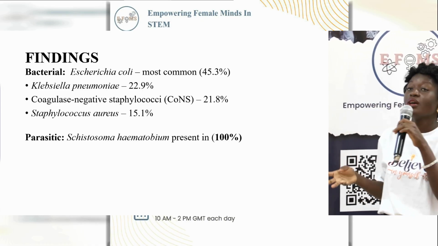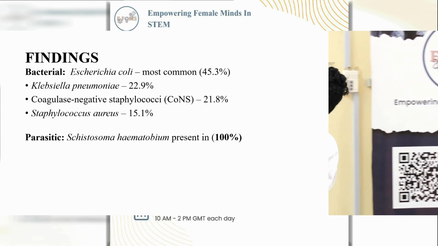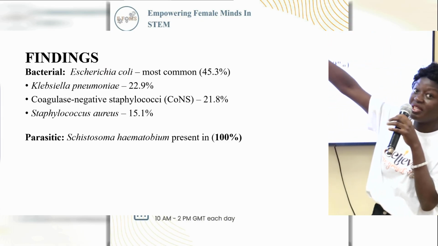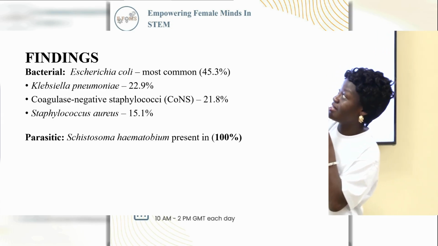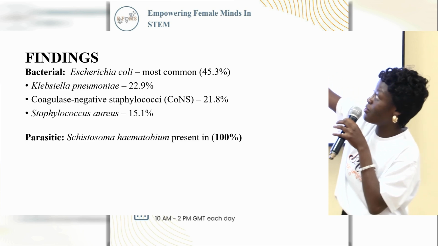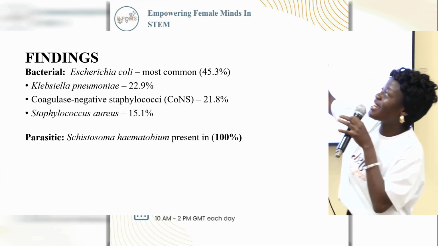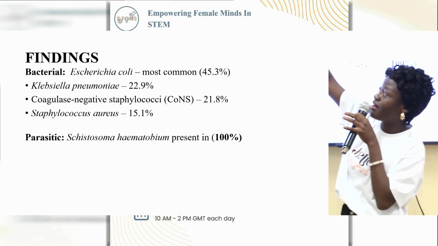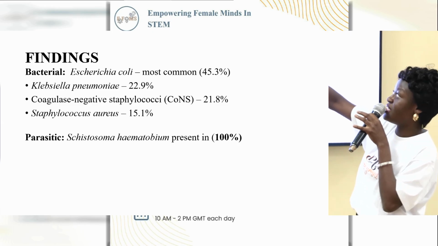I also looked at the uropathogens. These are not all the uropathogens that were discovered, but for time's sake, I summarized them to the first 4. First, I categorized them into bacterial and parasitic uropathogens, just to differentiate them.